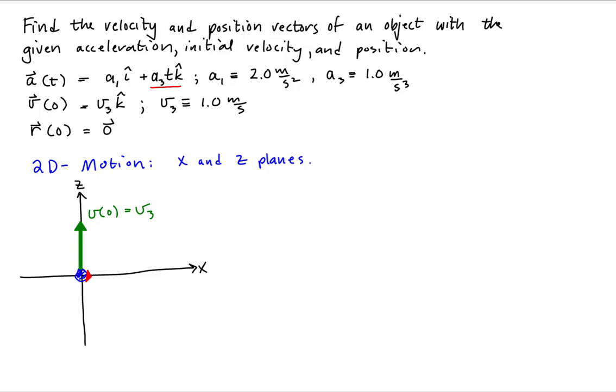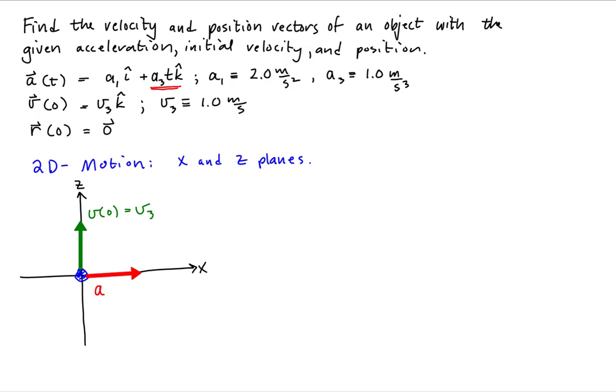Also at this time, the acceleration is only along the positive x-axis. We know that because the z component of the acceleration has time in it, and at time t equals 0, the acceleration's z component is 0, so we only have an x component.